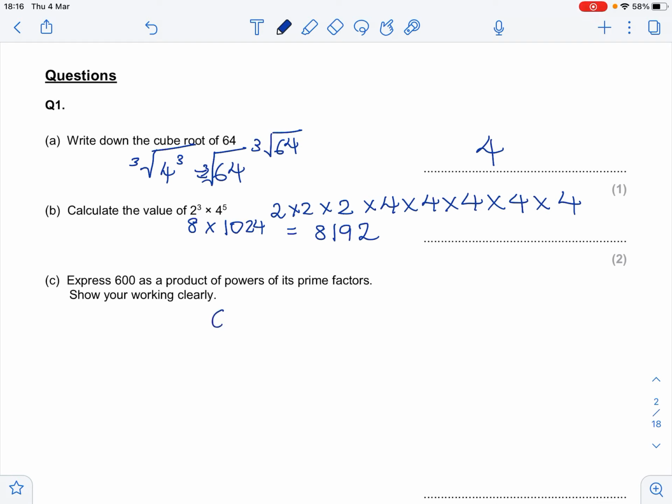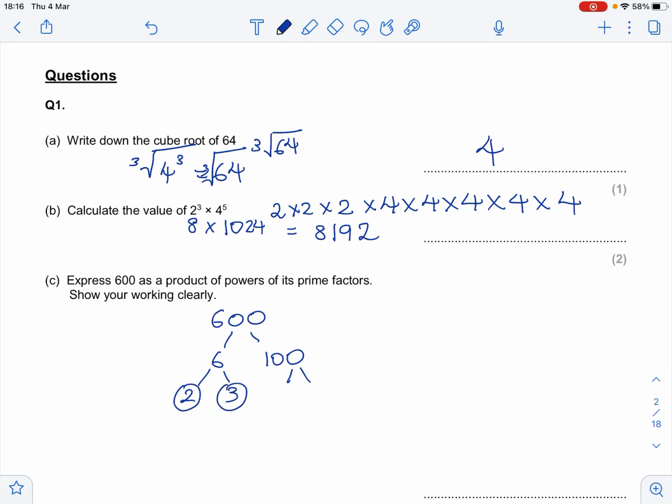Part C asks you to express 600 as a product of powers of its prime factors. So let's start by doing a factor tree. I'm just going to pick 6 and 100, which makes 600. Then 2 and 3, and those are prime numbers.